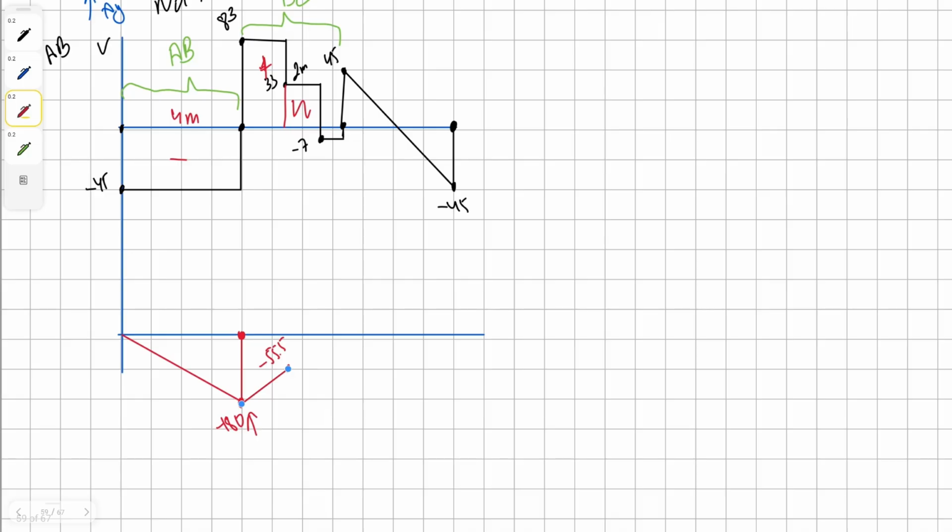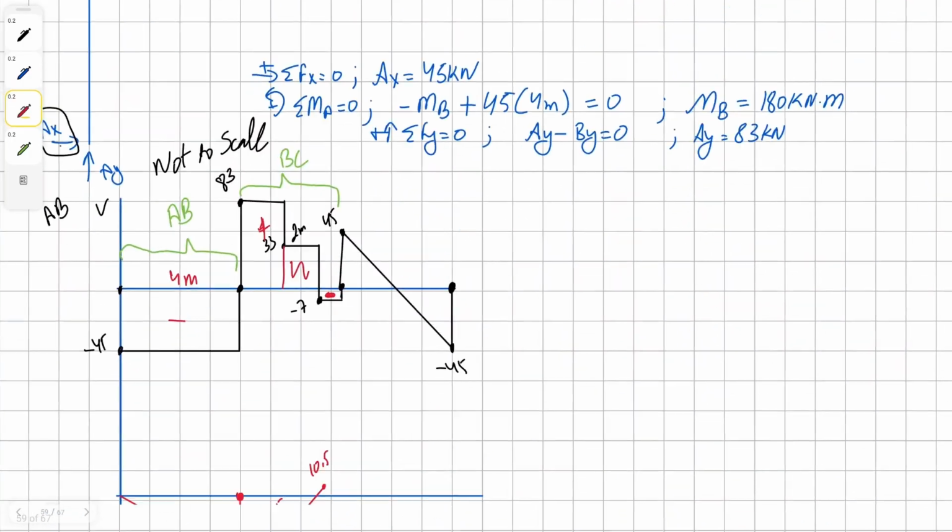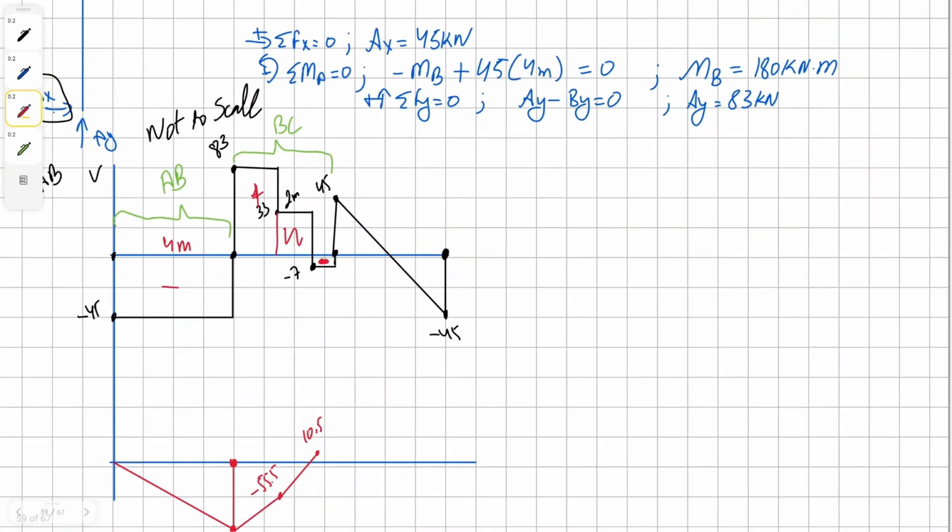And then we have the other section, which is 33 times 2, which is 55 plus 66 will take us to positive 10.5, first order curve. And then we have this tiny area, which is negative, and it's 1.5. So negative 7 times 1.5 is negative 10.5, and this will bring us back to 0. And that's our BC area.